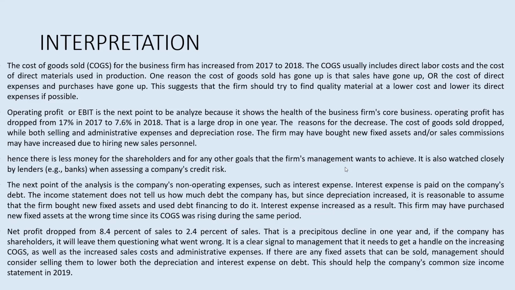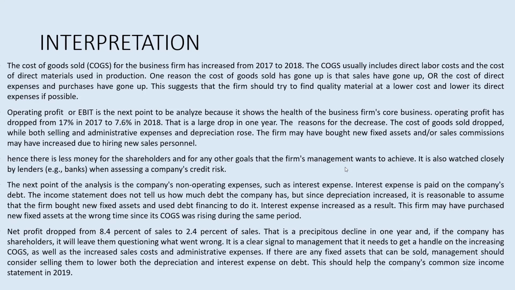Why have the top management, the middle management or the front level employees not taken necessary action for this large drop in the net profit? So they may be questioned. So it is a clear signal to the management that it needs to be handled, on the increasing of cost of goods sold.